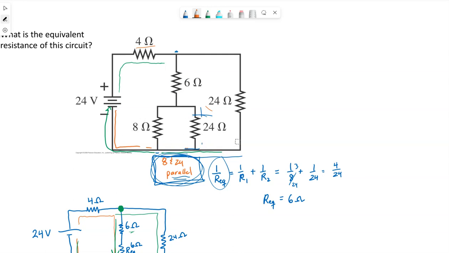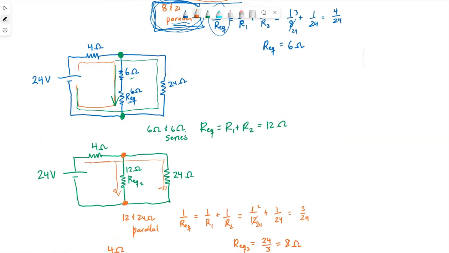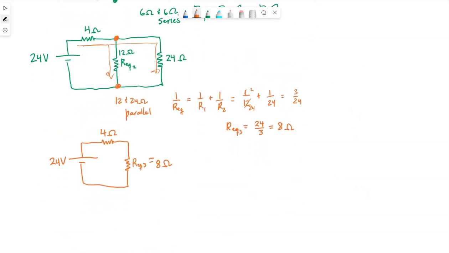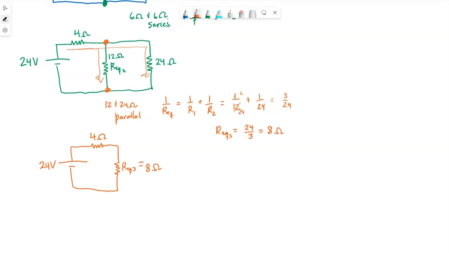What that is telling me is I could have, instead of putting all of these together the way they're connected, just put an 8 ohm resistor there in the first place, which I probably would have if I had one. This, of course, is just practice finding these equivalent resistances.